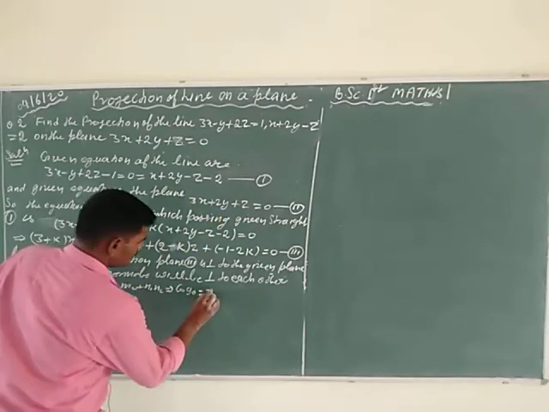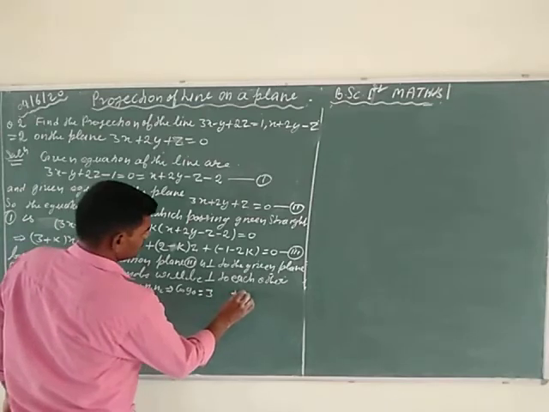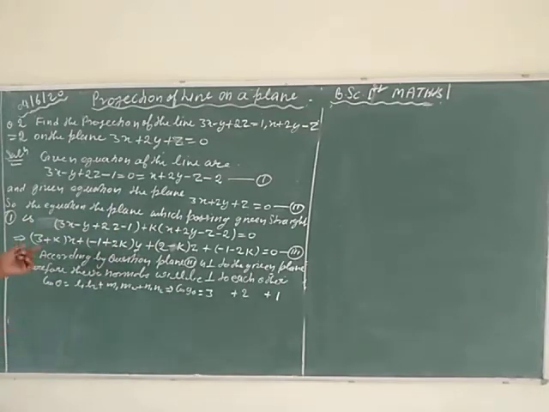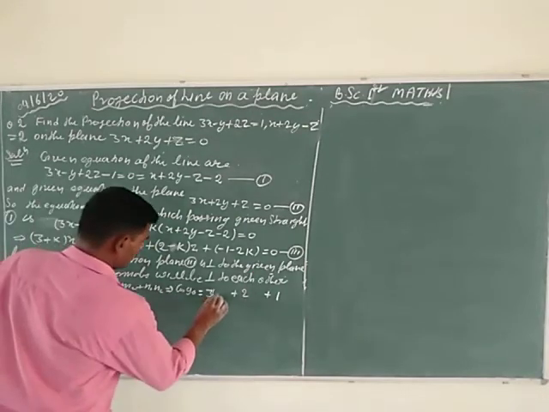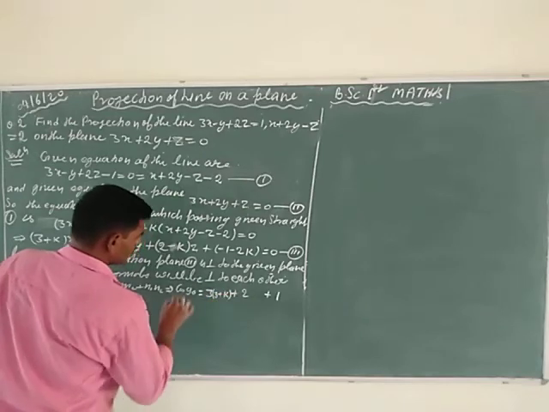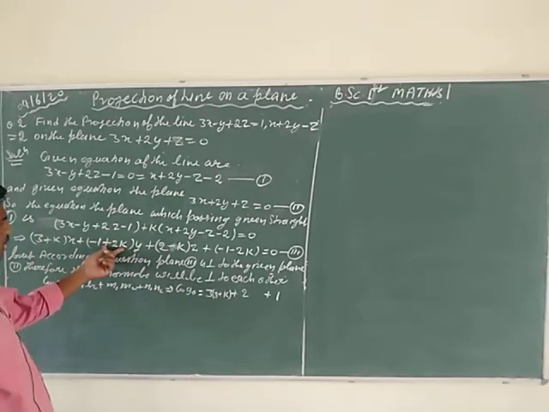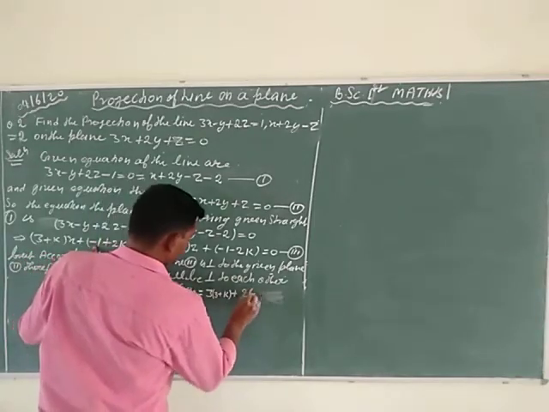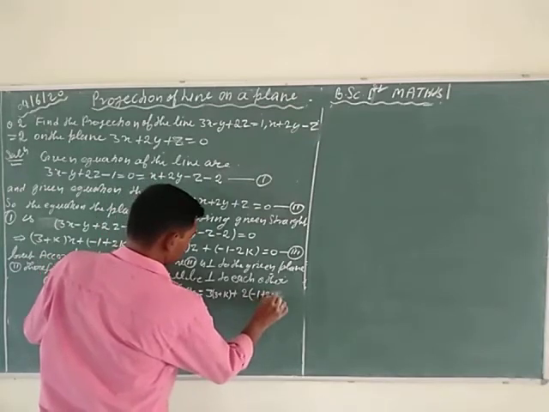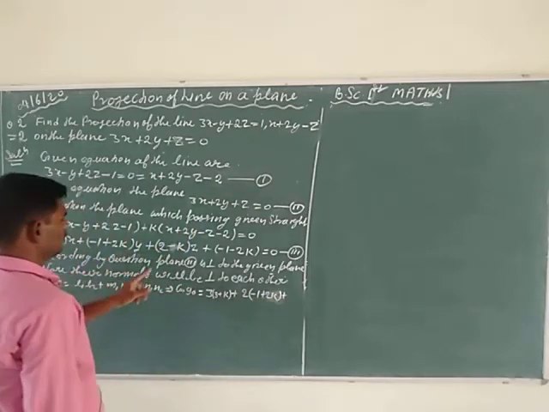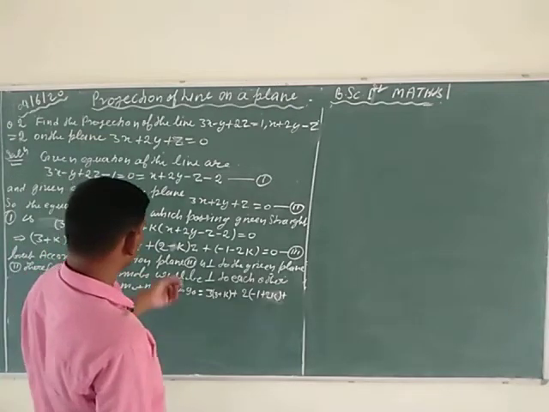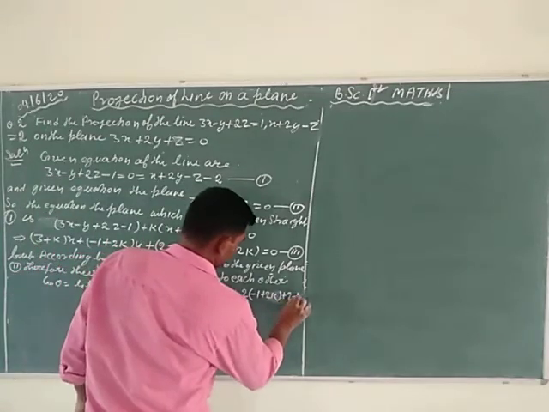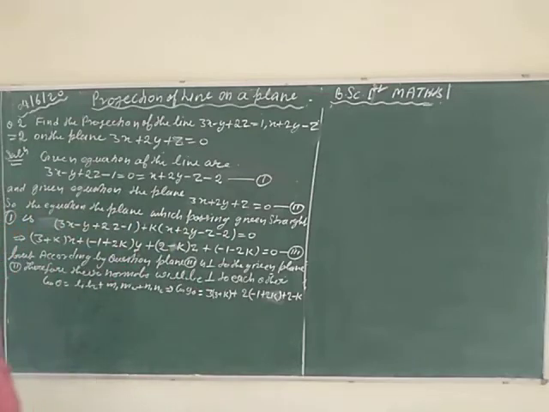So 3 into a2, which is 3 plus k, plus 2 into b2, which is minus 1 plus 2k, plus c1 which is 1 into c2, which is 2 minus k, is equal to cos 90, which is equal to 0, as you know.